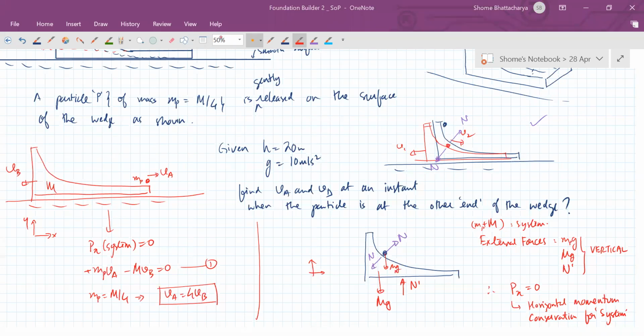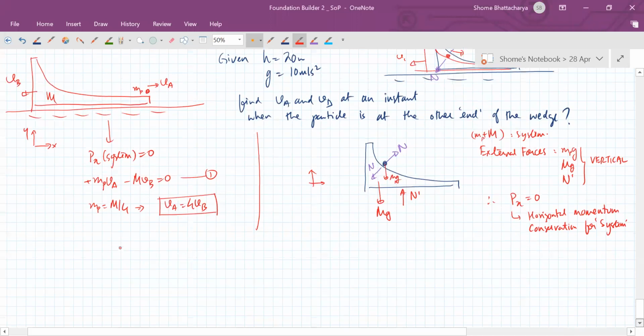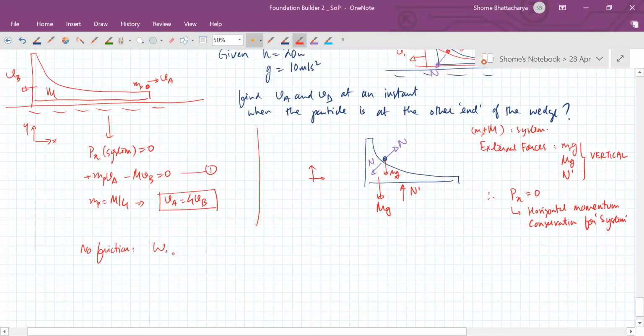Okay, and the other thing is there's no friction, so mechanical energy is conserved. So second thing, no friction. So work done by non-conservative force is 0, and work done by external force is 0, because gravity we'll take as an internal conservative force for the system. So we'll see that change in kinetic energy plus change in gravitational potential energy for the system should be 0.